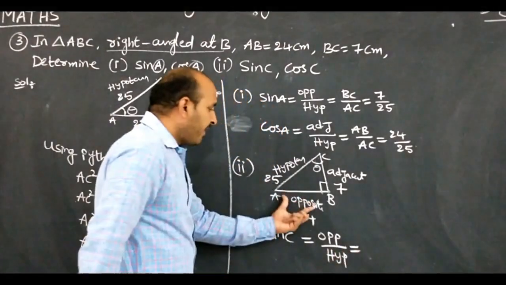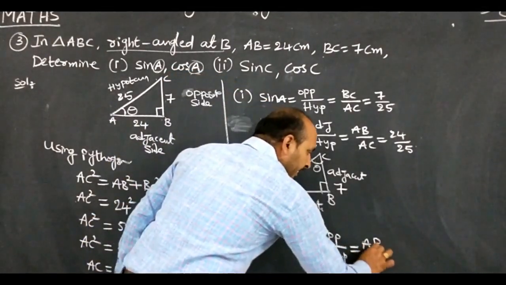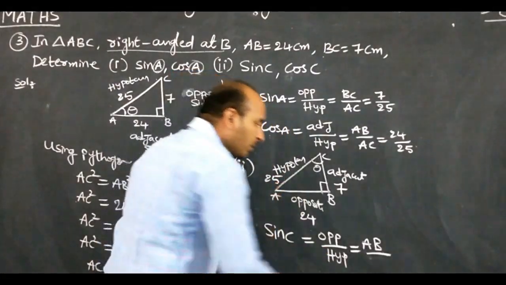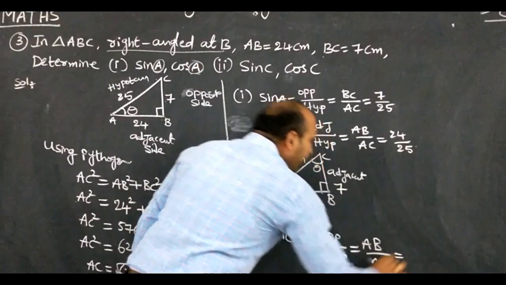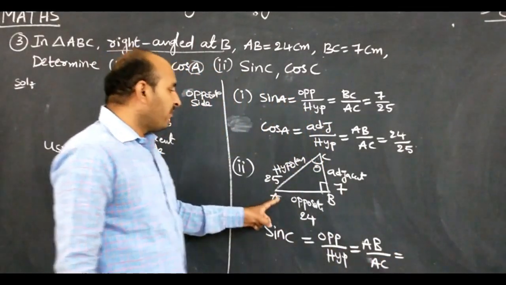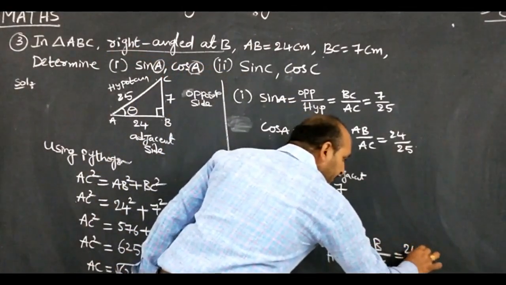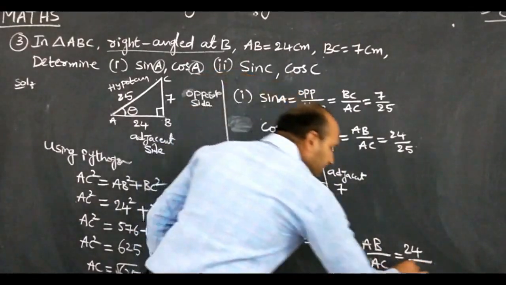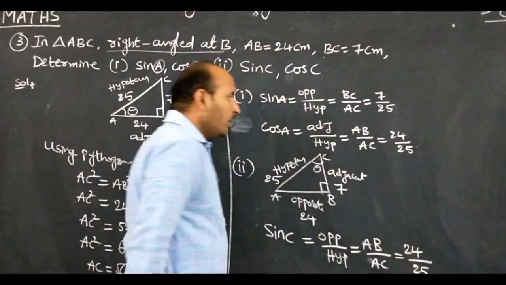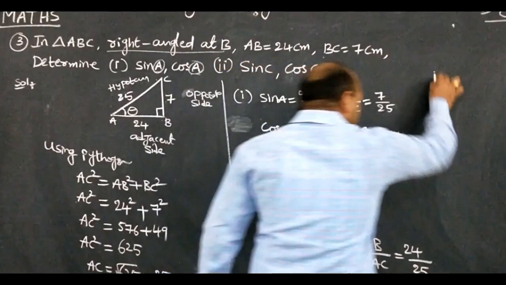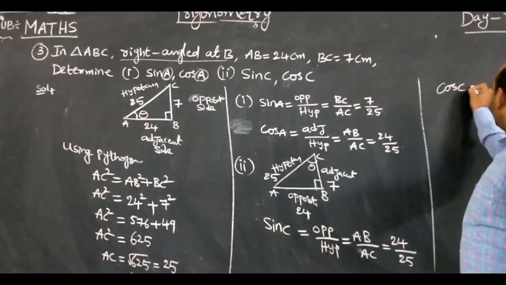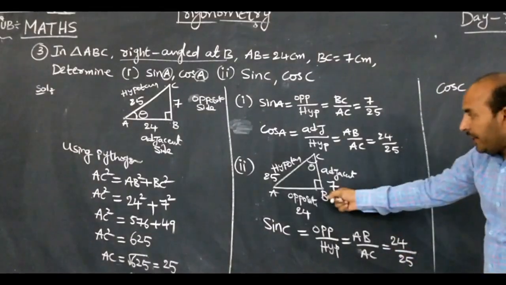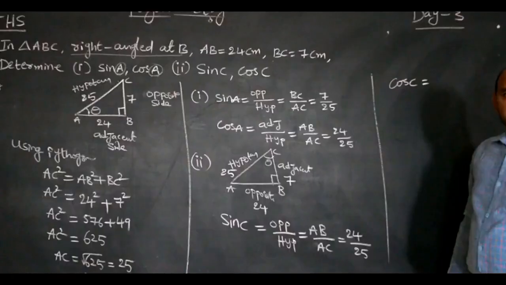The opposite side is AB, divided by the hypotenuse AC. So AB side value 24 divided by AC side value 25. Sin C is over. Next, cos C. Cos C is equal to, according to this triangle.